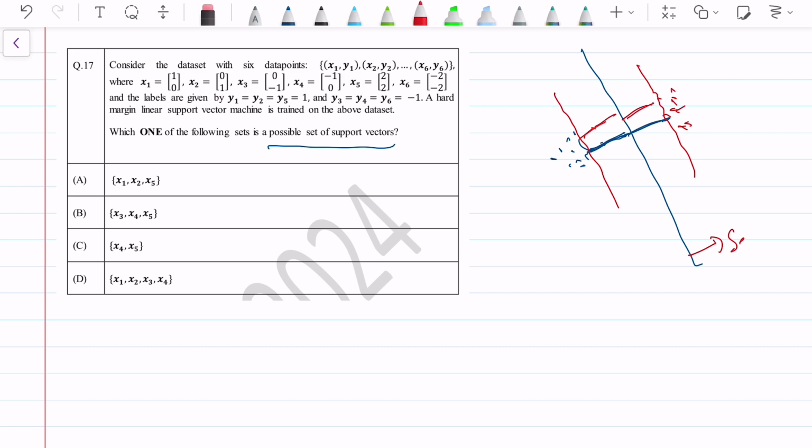So let's draw these points and see how our SVM will work on this.